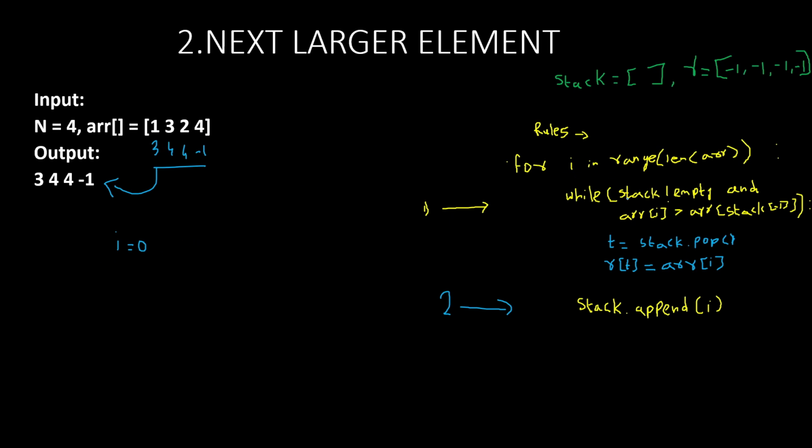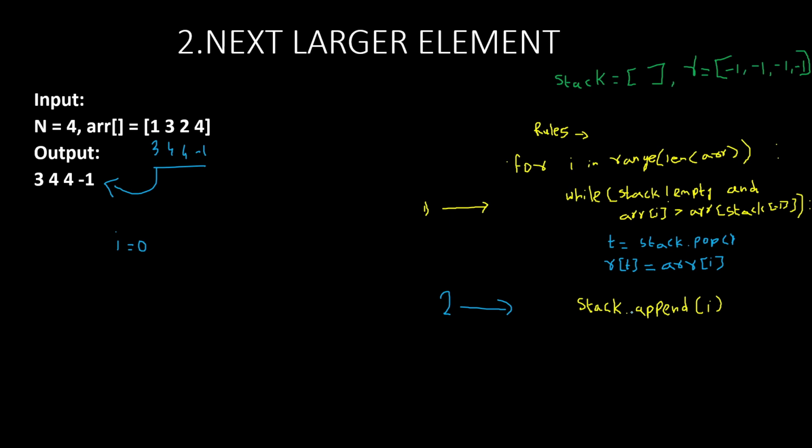After entering the for loop, we are checking the condition: if stack is not empty. Only when the stack is not empty will we use this while loop. This first condition has failed because the stack is empty. It should be filled with something, then only will this while loop start. Since the stack is empty, we cannot implement condition one.